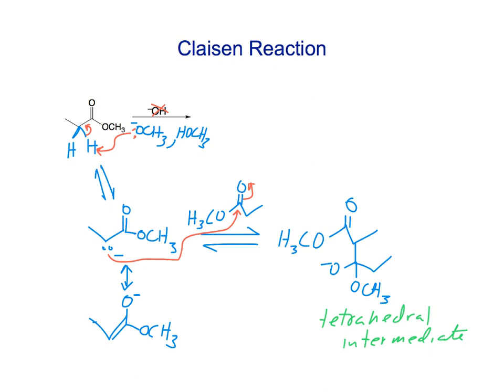So this tetrahedral intermediate has a leaving group on it. These electrons can come down like this to reform the carbonyl, and the methoxide can leave. So it essentially reforms the base that we used at the beginning.